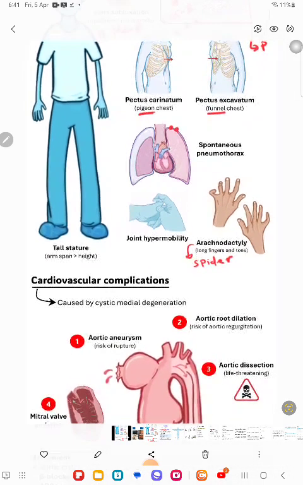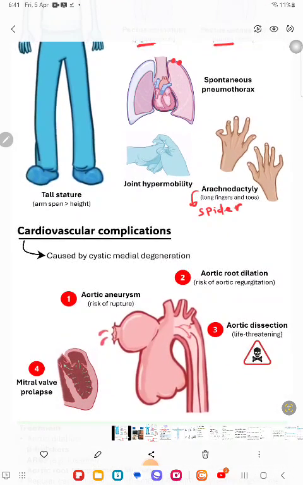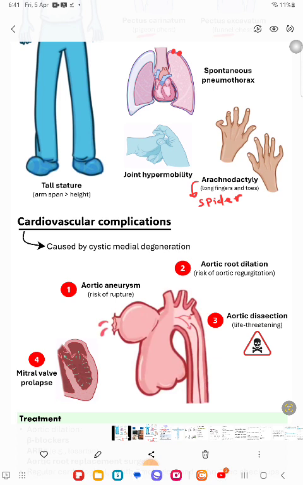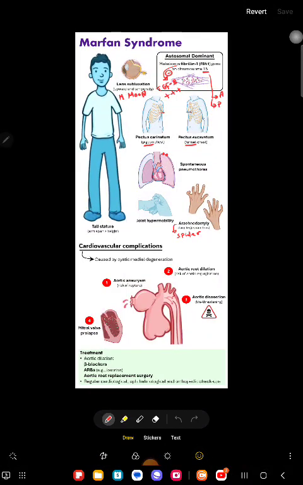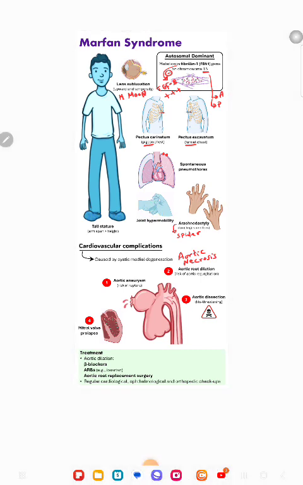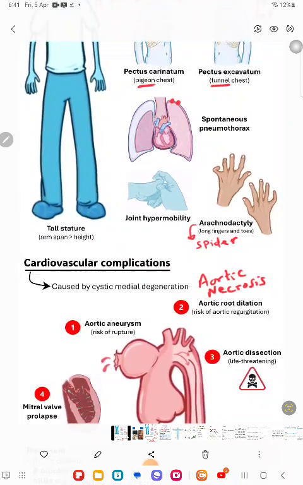So let's come to the big deal, which is cardiovascular complications. Unfortunately, these people with Marfan syndrome develop something called cystic medial degeneration. This is of the aorta. It can lead to aortic necrosis, and this is why Marfan syndrome is a fatal condition, because this aortic necrosis can lead to many other complications, such as aortic aneurysm.